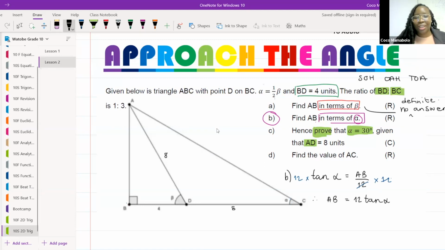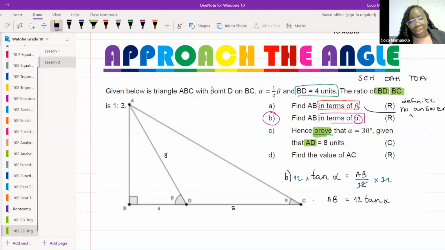Good. Part 2. Excellent. Good. Tiana, we're asking, can we use alpha is equal to 30? Okay. No, we can't. It's like if I ask you to give me the definition of umbrella. Now, you can't use the word umbrella in the explanation of what an umbrella is. So if I'm trying to prove that this thing is 30 degrees, I can't use 30 degrees.